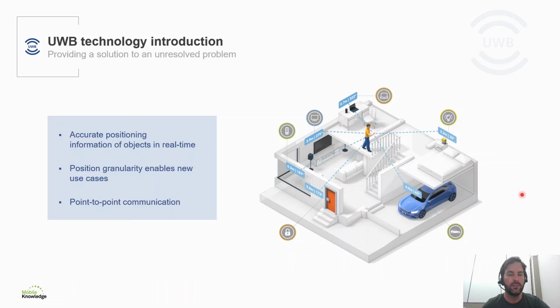As a result, ultra-wideband provides a solution to an unresolved problem. The characteristics of ultra-wideband technology in terms of bandwidth, signal propagation, time of flight, and angle of arrival measurements make it unique, and it is the only technology able to provide precise, secure, and accurate positioning data of objects in real time, even in scenarios where objects or humans are blocking the direct path and there is no direct line of sight.